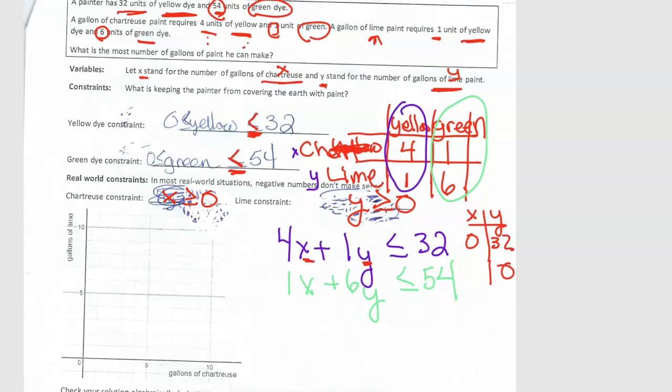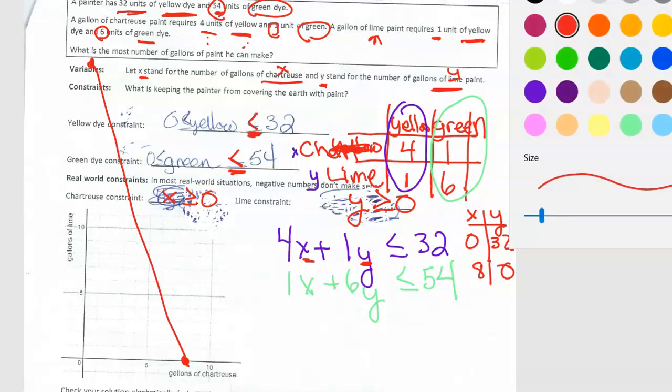And when Y is 0, then 4x would be less than or equal to 32, which means x would be 8. So I'm going to go ahead and graph 0, 32. Now your graph might be a little better, but that would be way off my chart here somewhere. It would probably even be up higher. And then 8, 0 is right here. So I'm going to have a line that goes something like this.